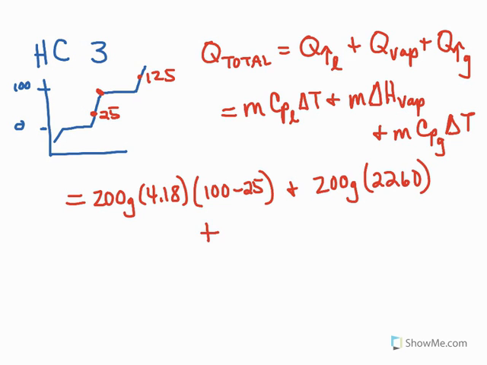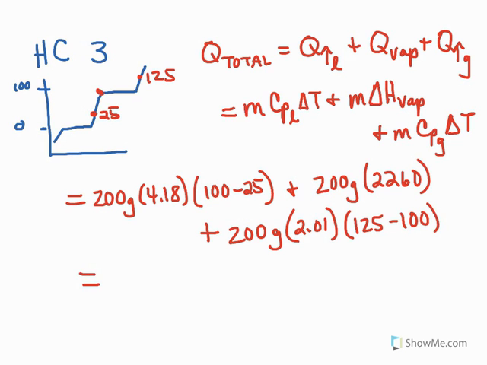And then the Q to increase the temperature of the gas is again going to be 200 grams times the specific heat of the steam, which is 2.01, and the delta T of the steam, it's going to end at 125, and it started at 100. So when I put all that together, I get 524,750 joules.